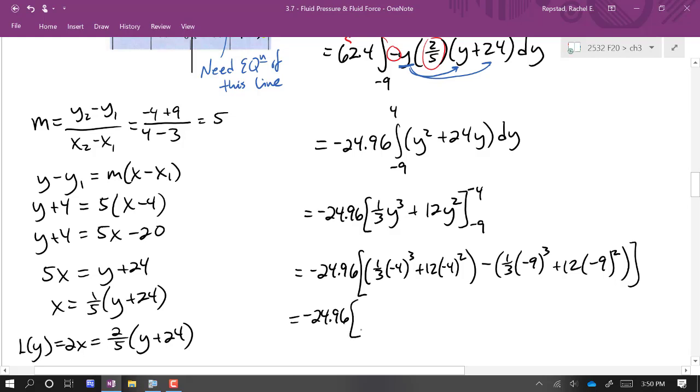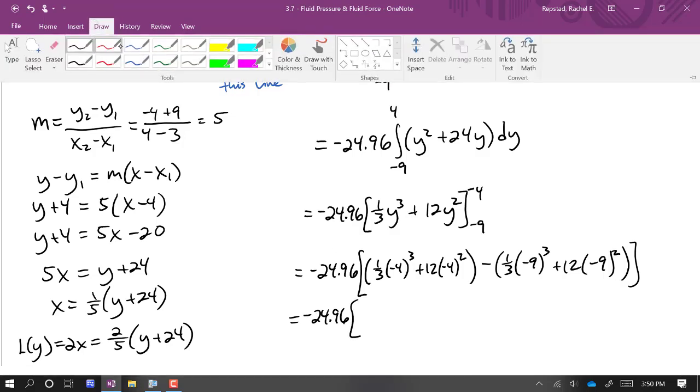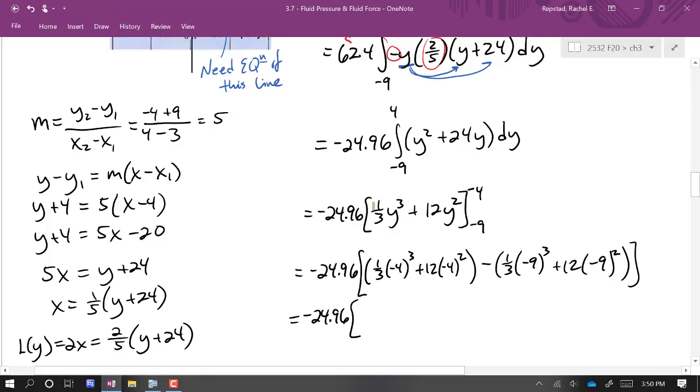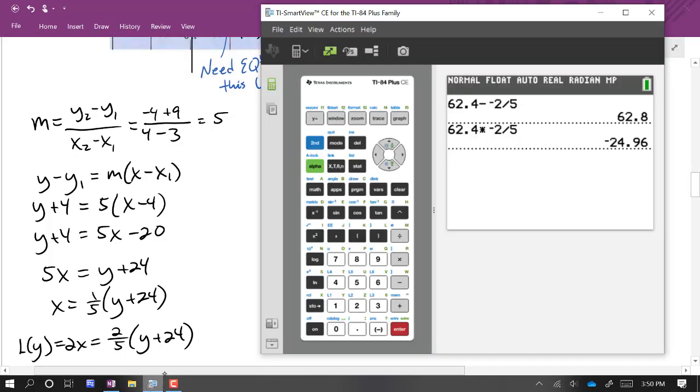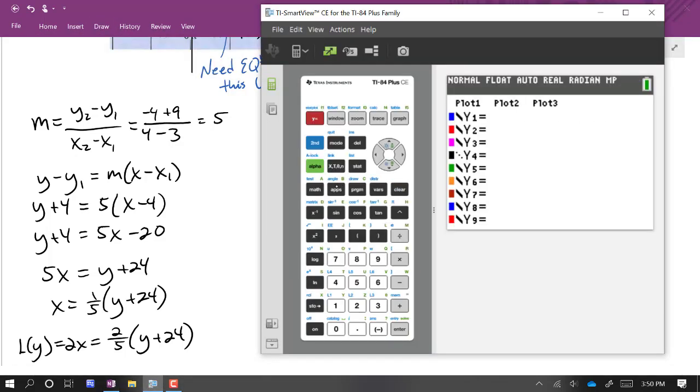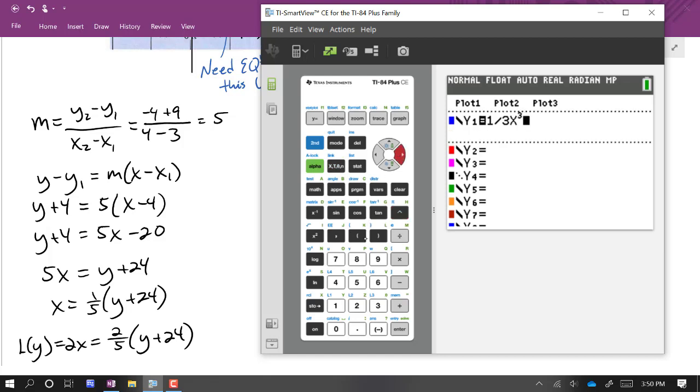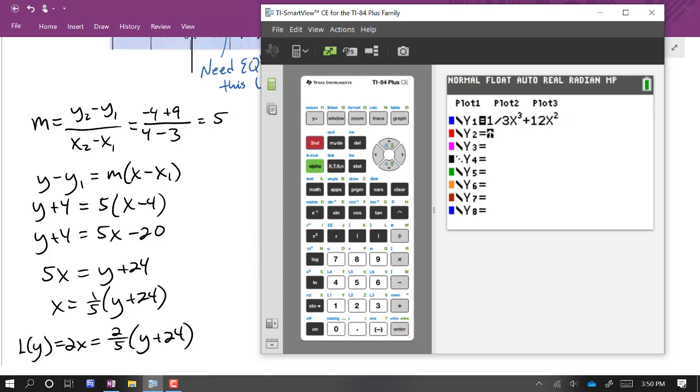And now I'm going to do a little shortcut here. I'm going to take this expression that we got after we integrated, and put it into my y1 editor on the calculator. Of course, I have to use x as my variable because that's what the calculator likes. But then I can have the calculator just evaluate it.